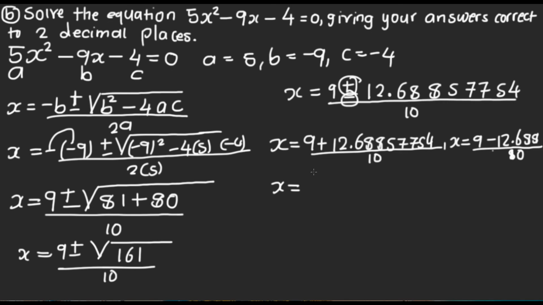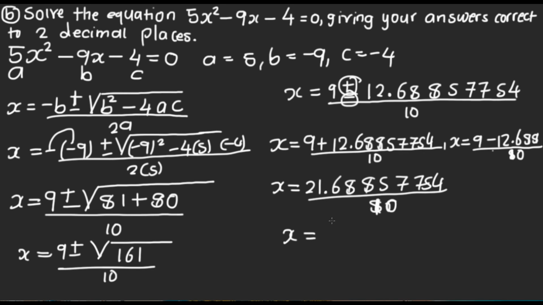12.68857754 plus the 9, I'm getting 21.68857754 divided by 10. So if we divide by 10, we are getting 2.168857754.